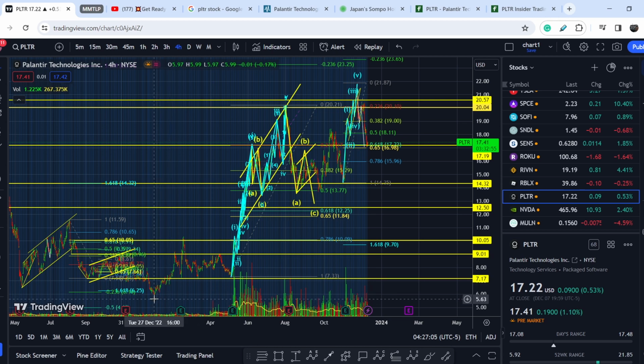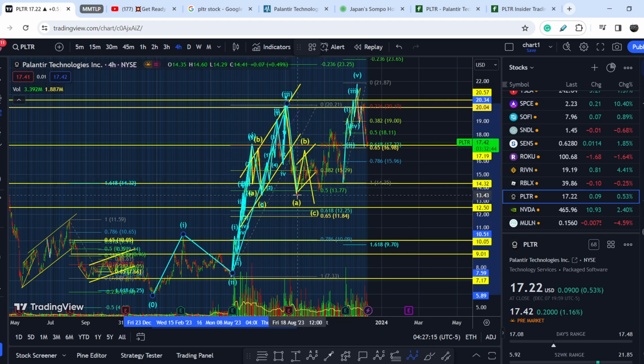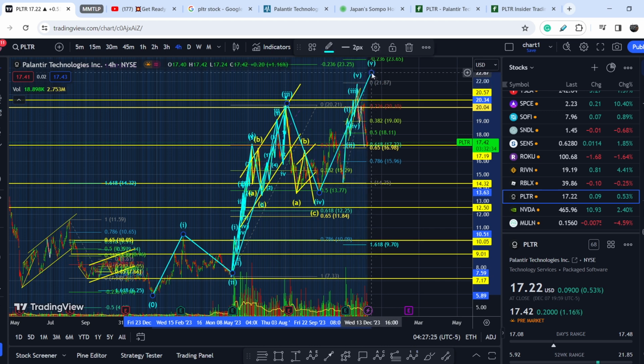First of all, from this bottom we have 5 waves, and we might already potentially form it, because this is the first wave, second, third, here or here we might have the 4th wave. Let's put it this way. And this might be the top of the 5th wave, or we might have another leg to the upside.